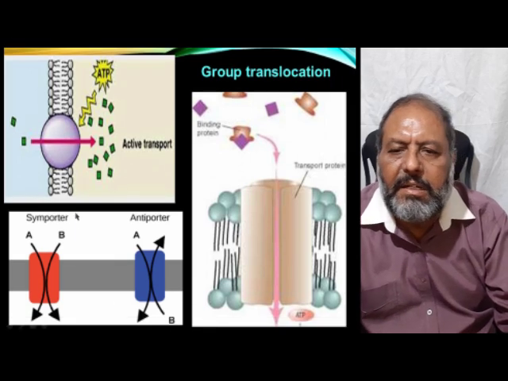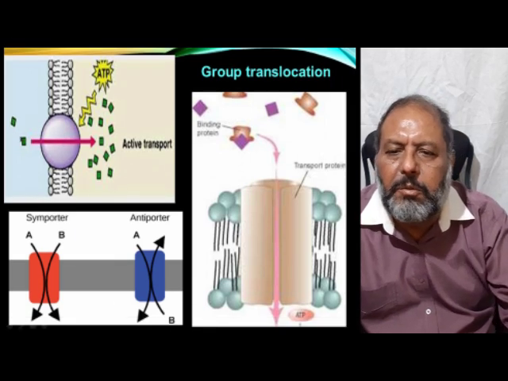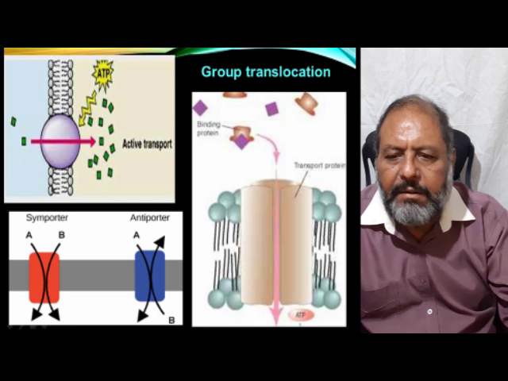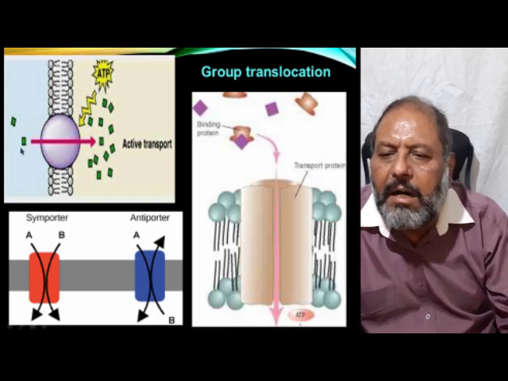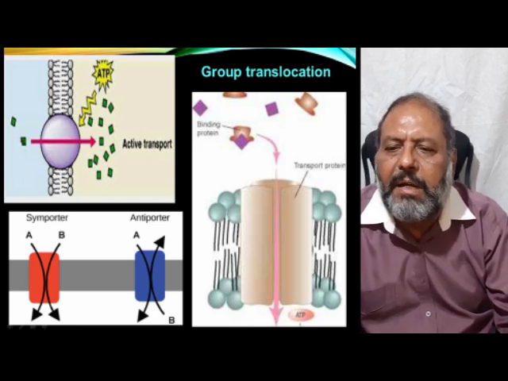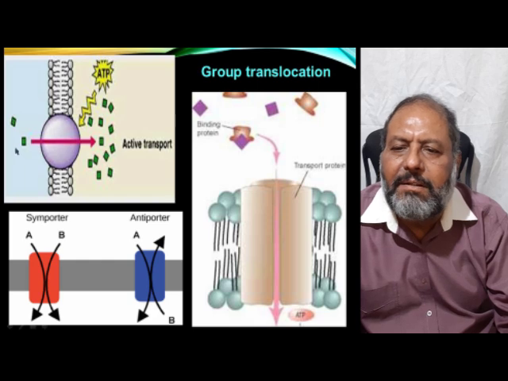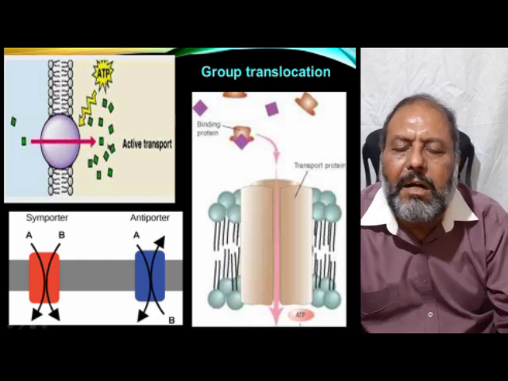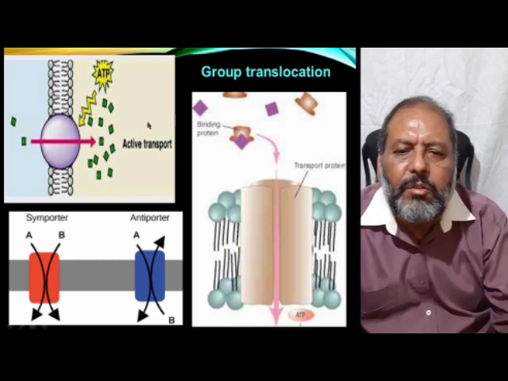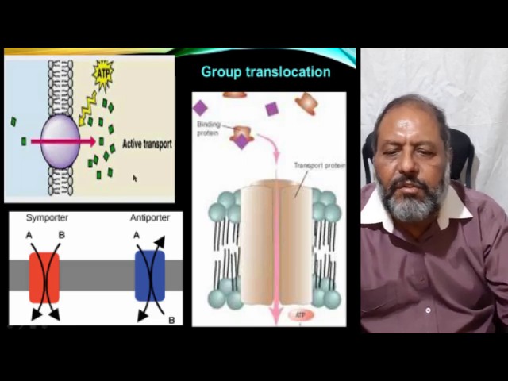So here one can see the active transport, and the concentration of the molecule is low here, but these are being pushed to the higher concentration through the energy ATP, and that is called active transport.